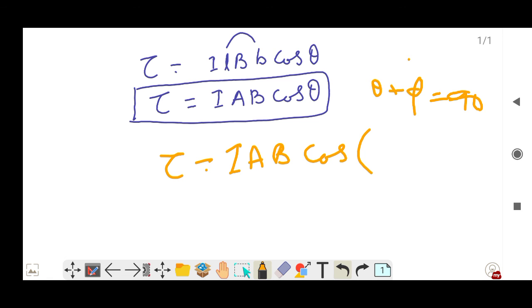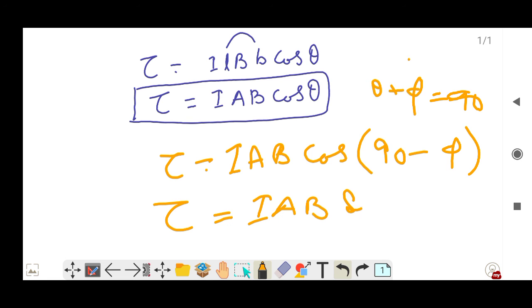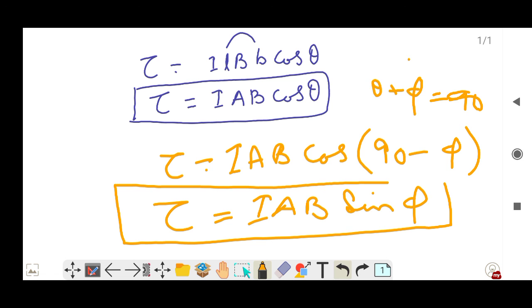So theta is equal to 90 minus phi, and cos of 90 minus phi can be written as sine of phi, so I A B sine phi. So this is actually the torque acting on a current carrying loop.